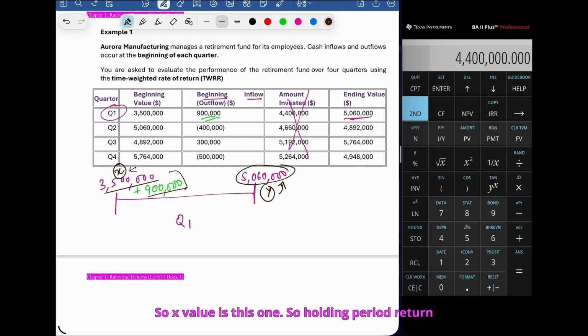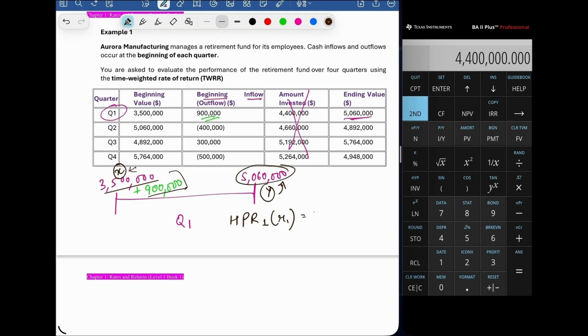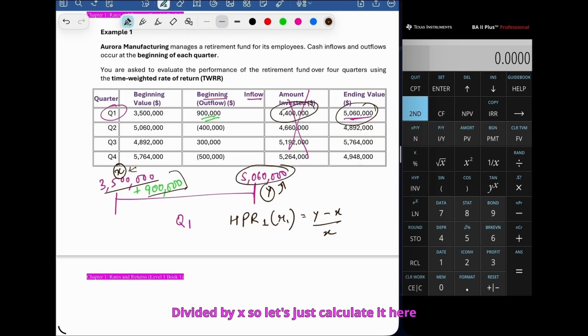So holding period return, let me write it as R1, will be Y minus X by X. So Y value is this, X value is this, divided by X. So let's just calculate it here.